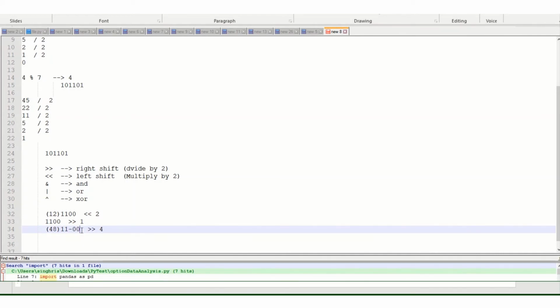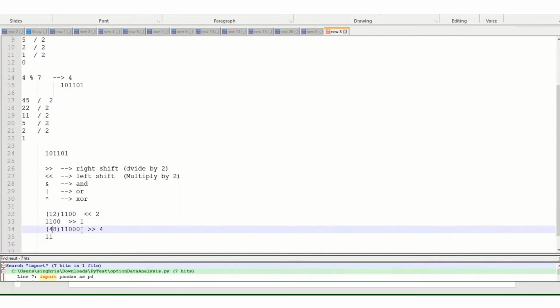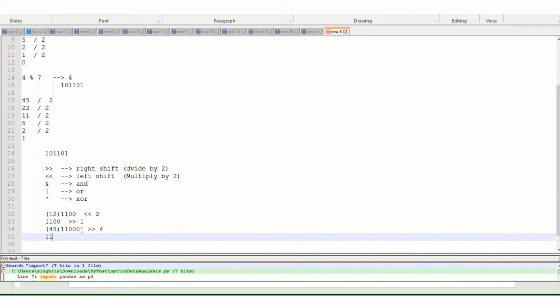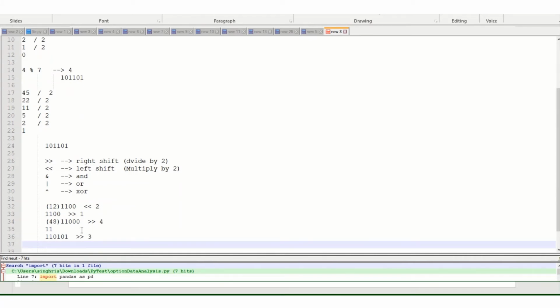Okay, so if we do this, then the answer will be 11 only. Now I'm going to use some other value like 111, and I'm going to right shift this by 1. What we will get after this is 11. Okay, so that was about right shift and left shift.